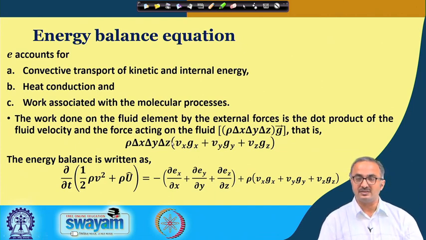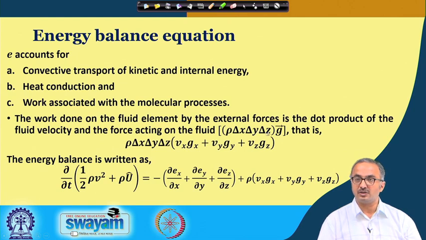So the work done is given by this particular term. It's a dot product of the fluid velocity and the force acting on the fluid, and here by G we do not mean the gravitational force only, we mean any kind of body force on the system per unit mass. So this is the mass of the system, that is the density into the volume.